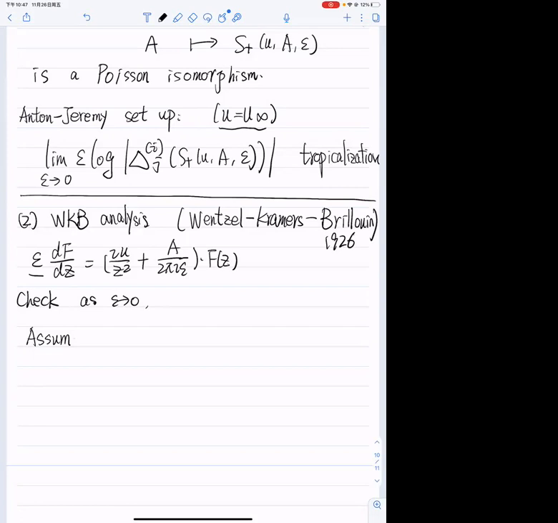So in our case, we assume we have an asymptotic solution which takes this form.